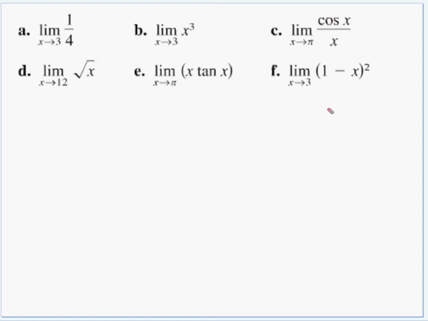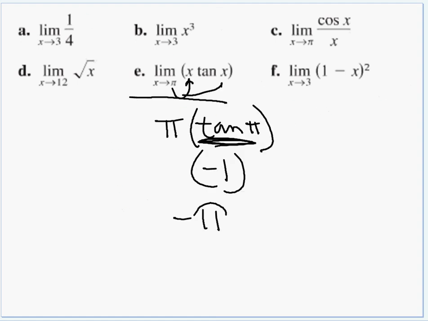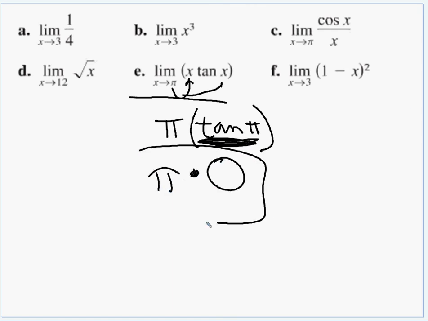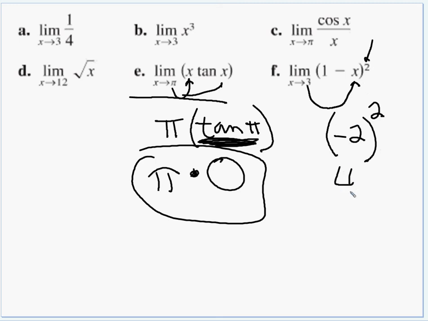Tangent of pi is 0. 0 times pi is 0. There we go. Here we're going to plug in that 3 for this x. 1 minus 3 is a -2, and that is squared. -2 squared is 4.